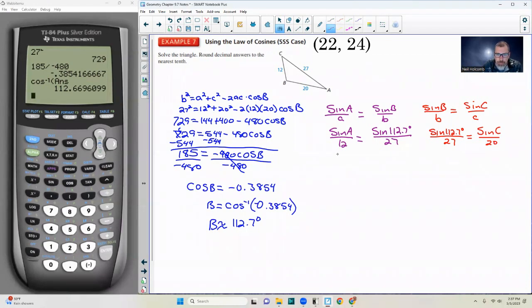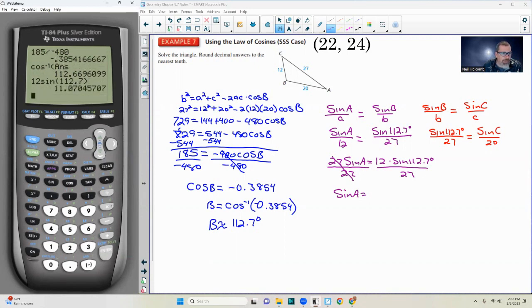Now we're going to cross multiply. And so it's going to be 27 times the sine of A equals 12 times the sine of 112.7 degrees. Divide by 27, divide by 27. These cancel. The sine of A equals 12 sine 112.7 divided by 27.